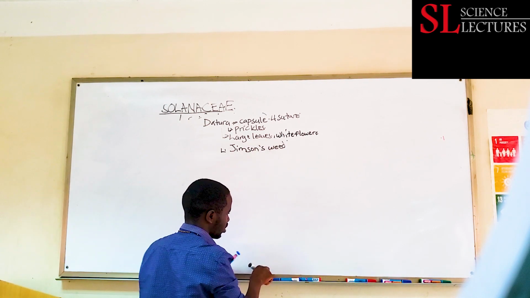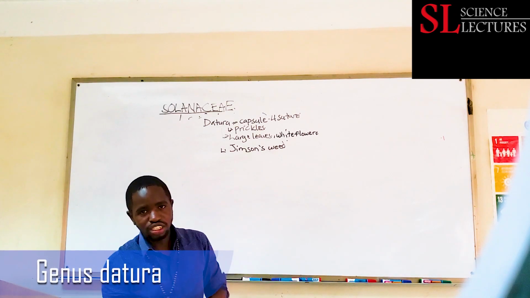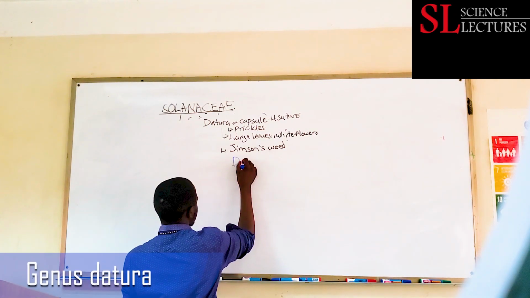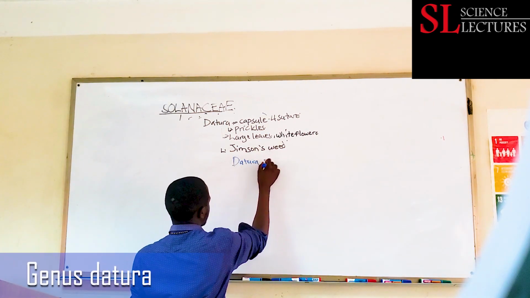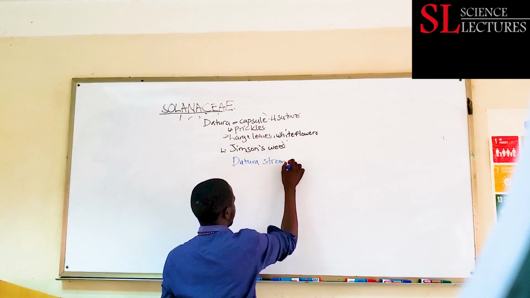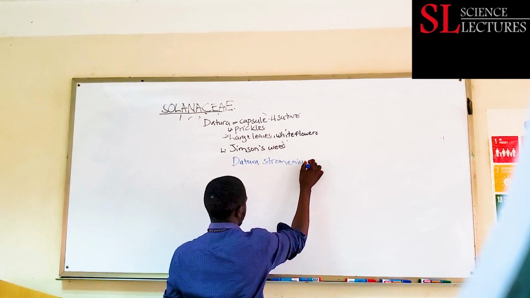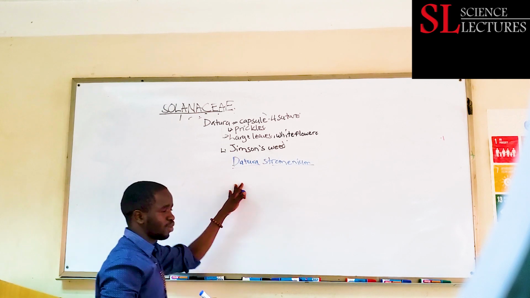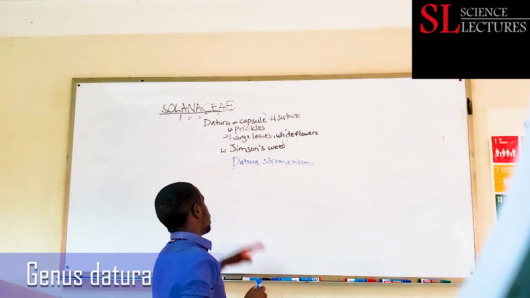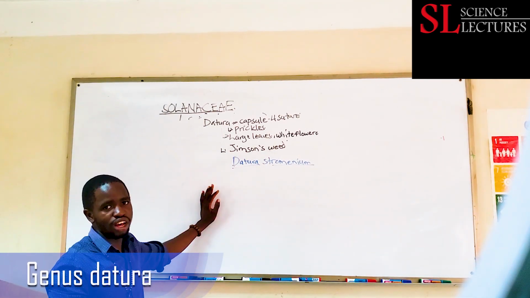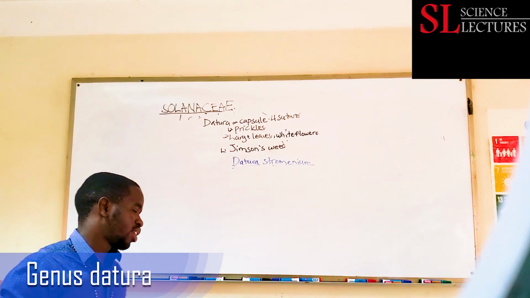But Jimson's weed is an English word. Scientifically, it's called Datura stramonium. So that is the scientific name of Jimson's weed. So those are the various genera under this family.